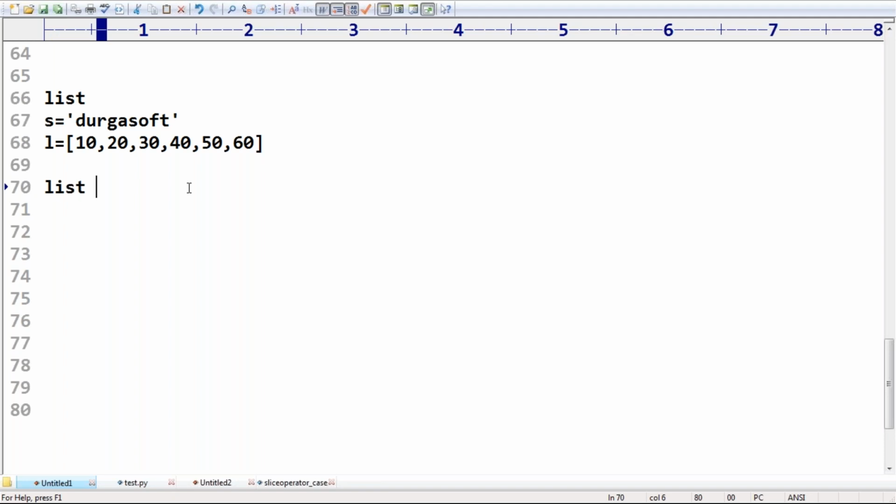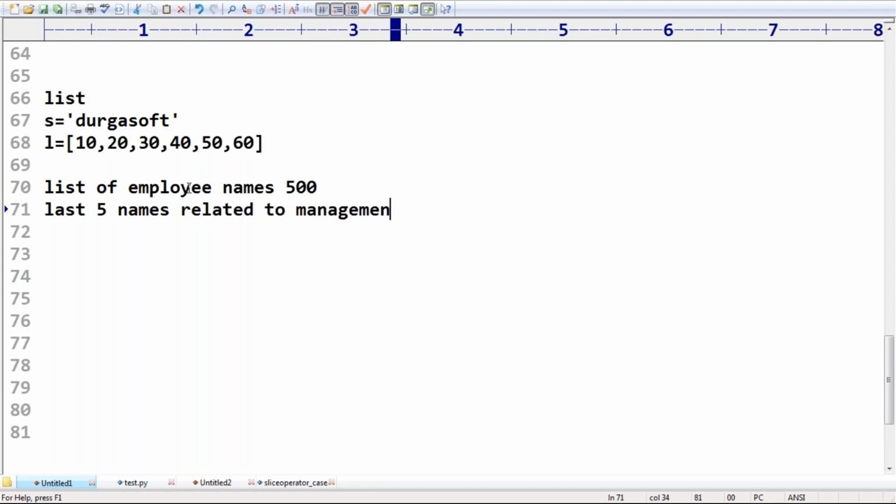There is a list of employee names, 500 names in total. The last 5 names are related to management, so 495 employees plus 5 management.